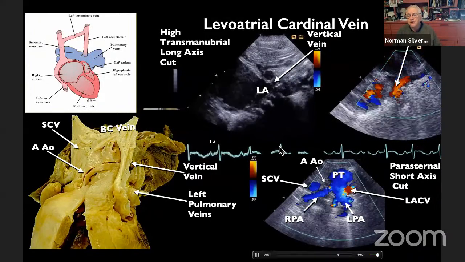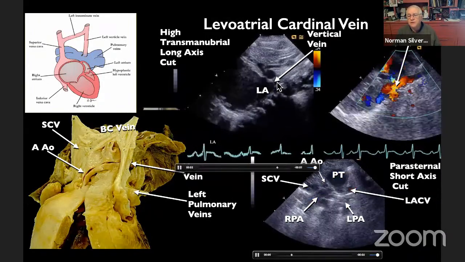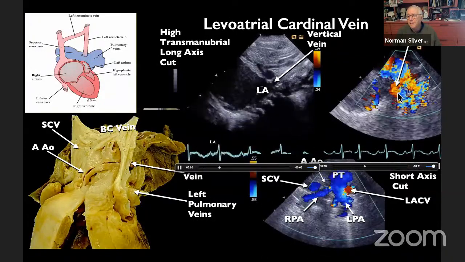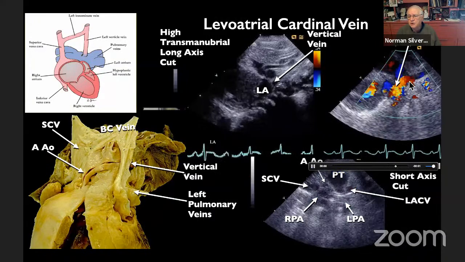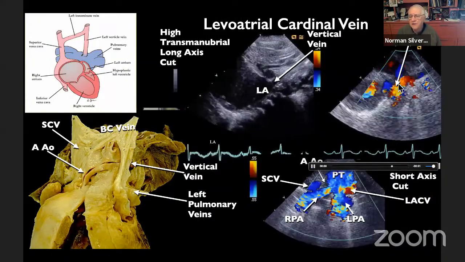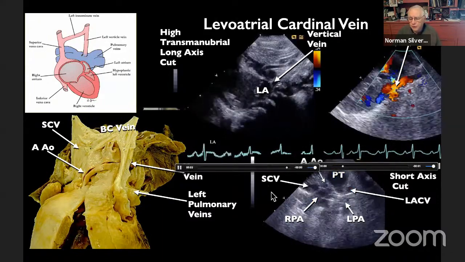And here is such an example. And you can see the vertical vein here behind the pulmonary artery. Mild obstruction led to pulmonary hypertension, which remained, and that eventually caused her demise.